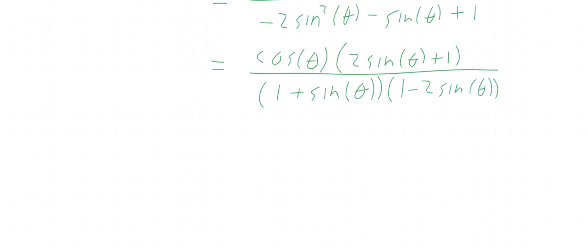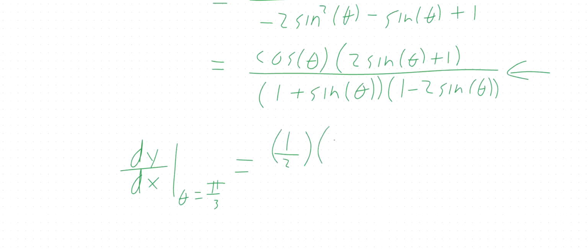From here, we want to evaluate where theta is pi over 3. So let's make all of our thetas pi over 3. And since we have this equation here, let's go ahead and use it. Cosine of pi over 3 is 1/2, times 2 times sine of pi over 3, which is square root of 3 over 2, plus 1.